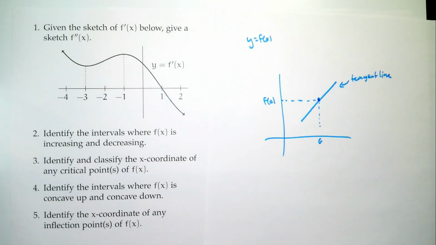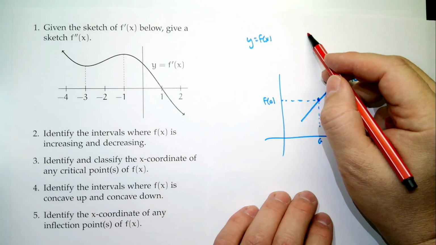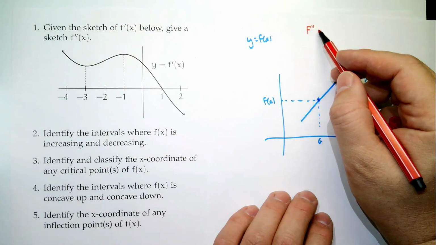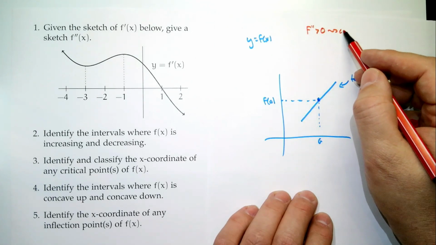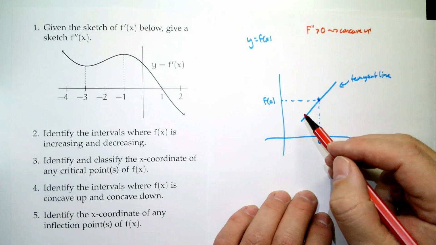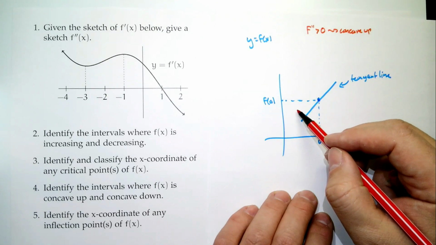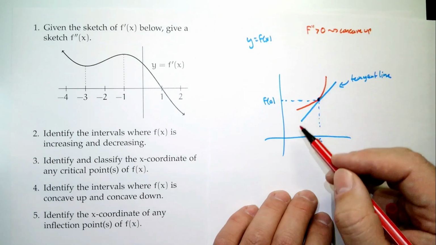And here's the idea. If your second derivative is positive, if f double prime is positive, we call that concave up. For us, what that means is the function will come up from the tangent line.